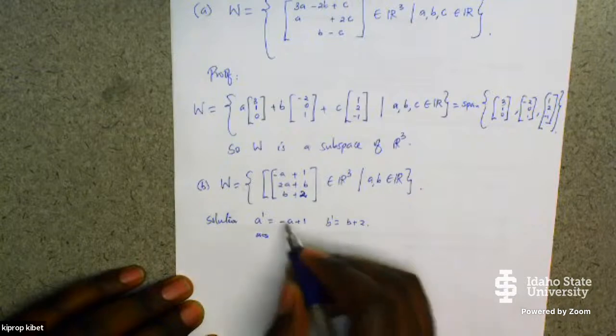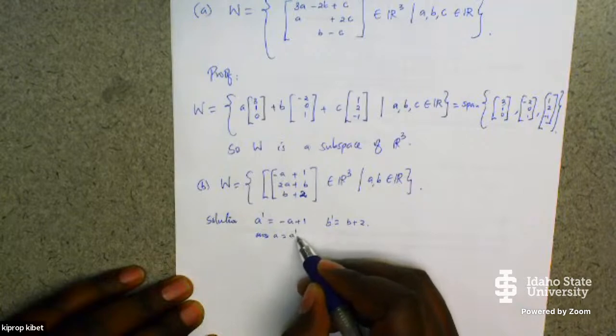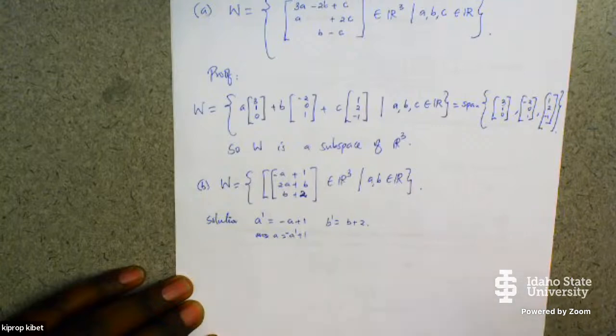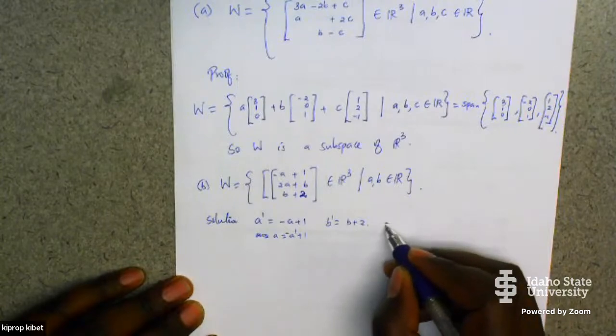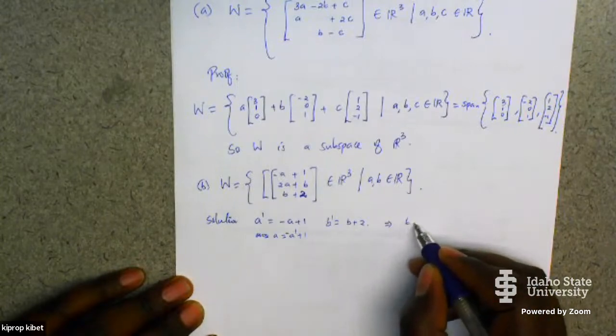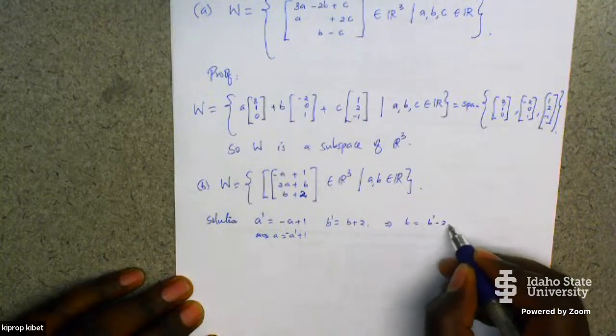So in this case, A will be equal to minus A prime plus 1, right? And then our B equals B prime minus 2.